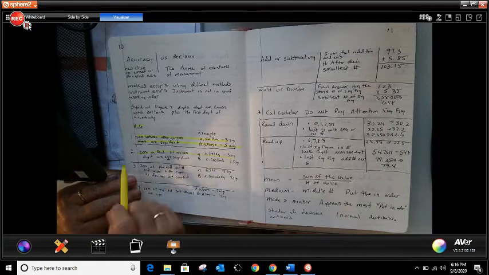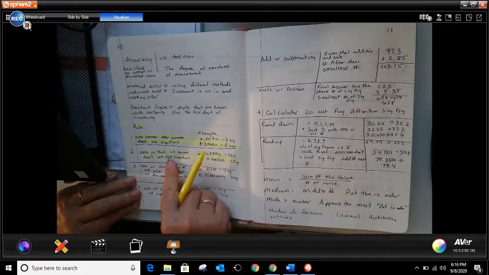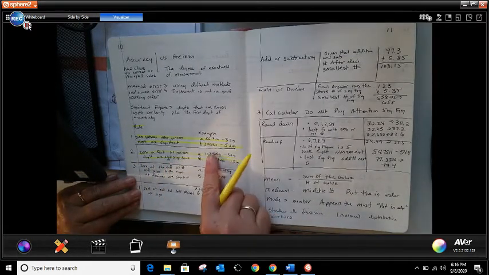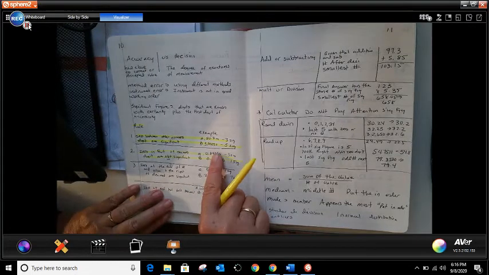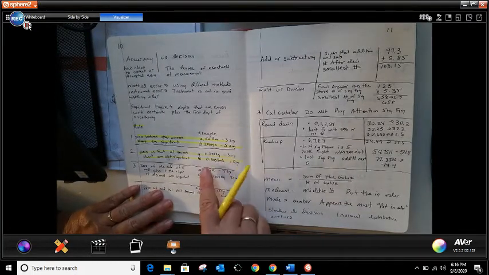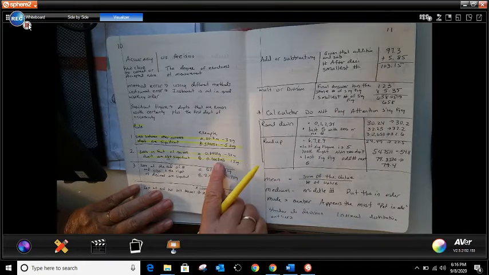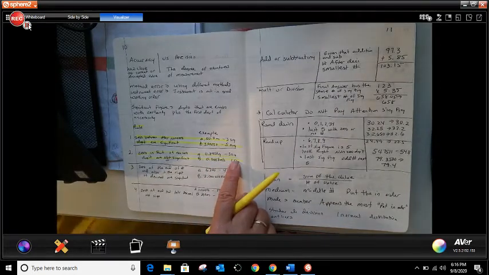Zeros in front of a non-zero digit are not significant. So if it's 0.892, there are only 3. If it's 0.0008, there's only 1 sig fig.